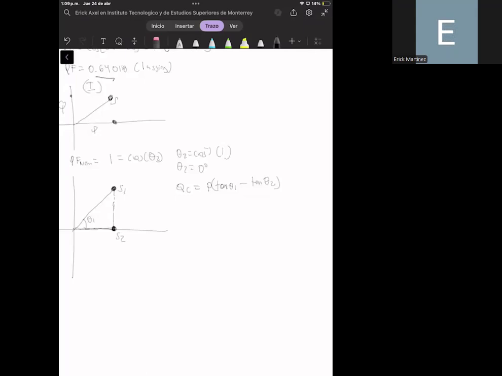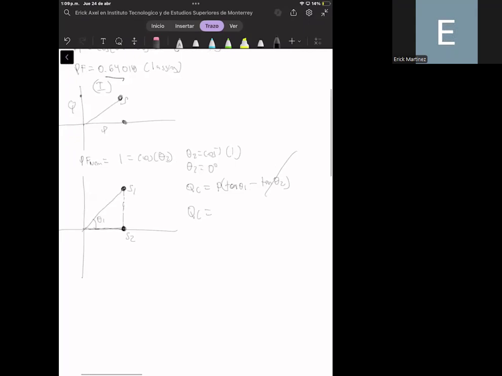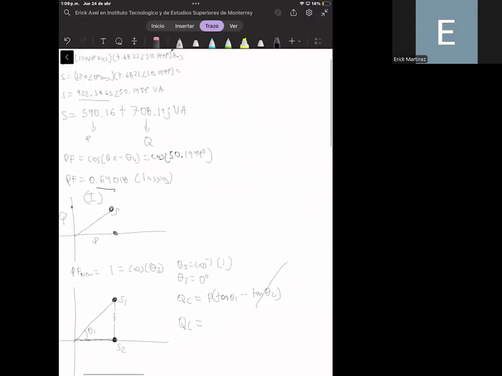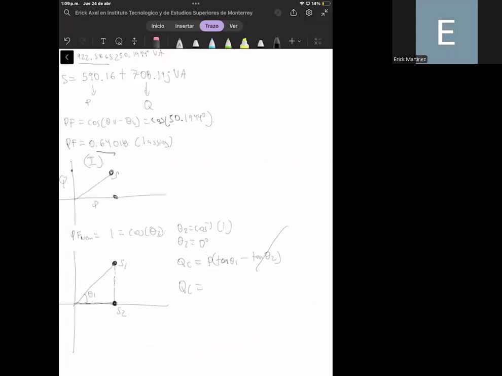So we know that the second angle is 0, so the tangent of 0 degrees is 0. So we can say that the reactive power of this capacitor should be equal to the real power, this average power, that is 590.16 times the tangent of the first angle.